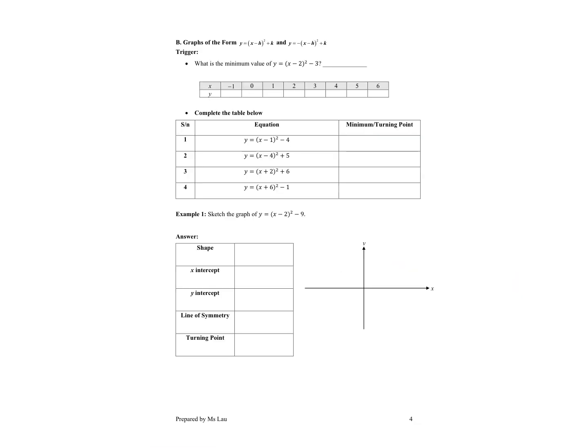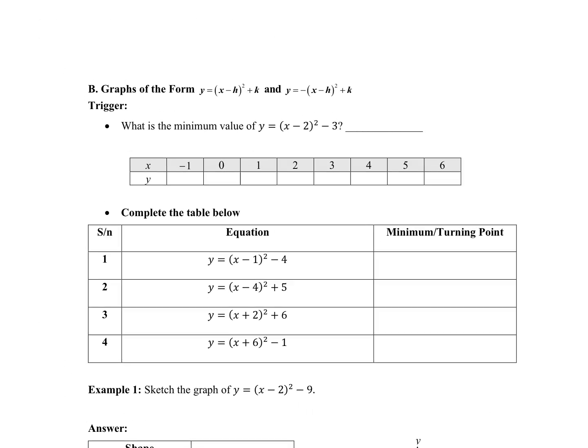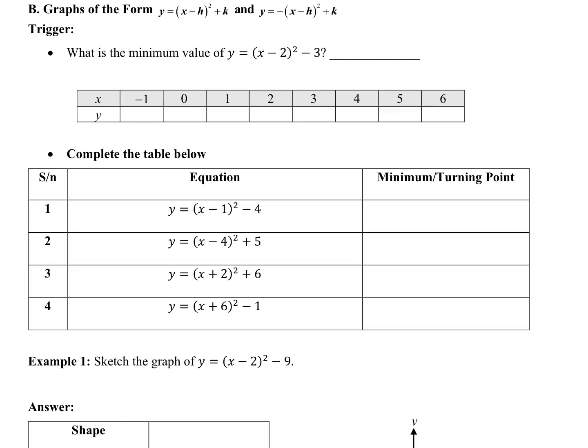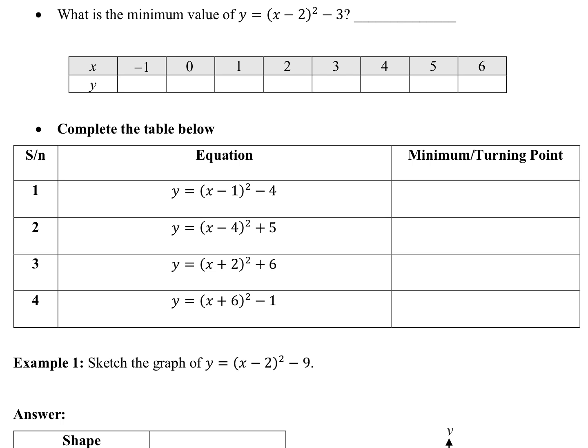Okay, next is what if it's completed square form? Okay, what if it is completed square form? So the only way to make this value as small as possible is to make this thing here 0.